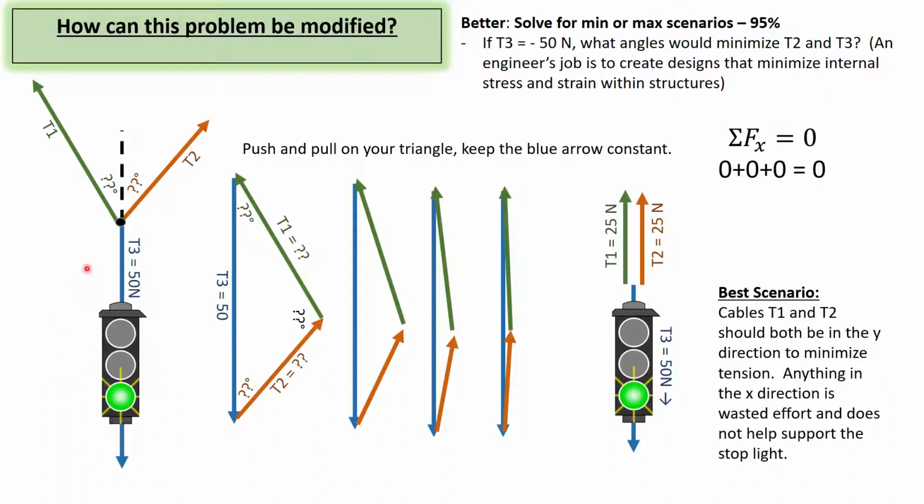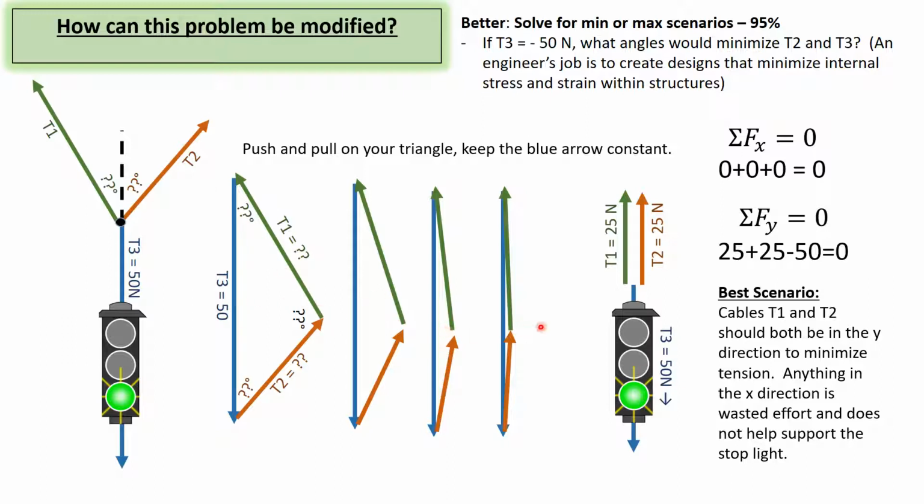So when you have a specific load to support, you want to support that in the same direction that the load is in. If we have 50 newtons down, straight up would give you 25 and 25. And any angles that aren't vertical, again, the larger the x component gets, the more you are stressing out those cables that are holding up your light.